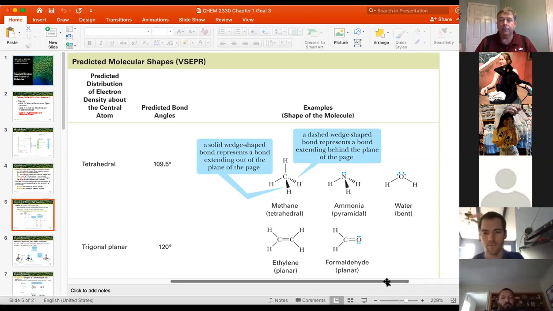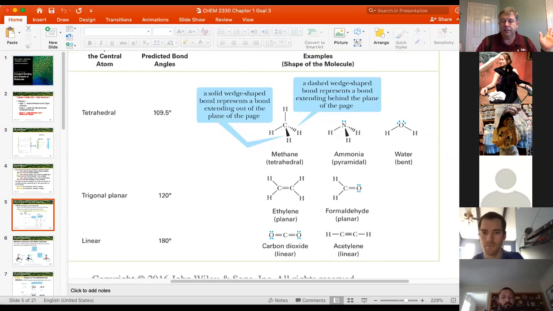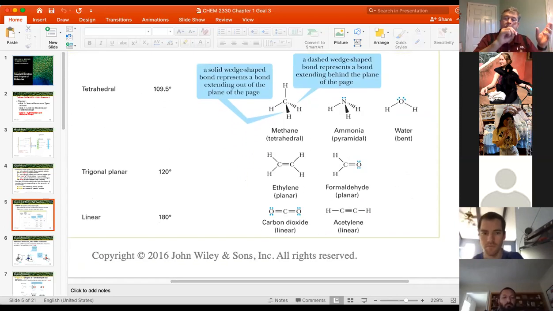Once you start seeing that in each of these molecules, you're going to go, aha, that makes so much sense. So you have to think: electrons give the space where they are, the bonds give the molecular structure. Okay, so let's talk about trigonal planar.